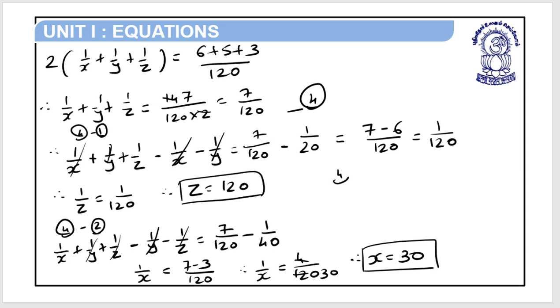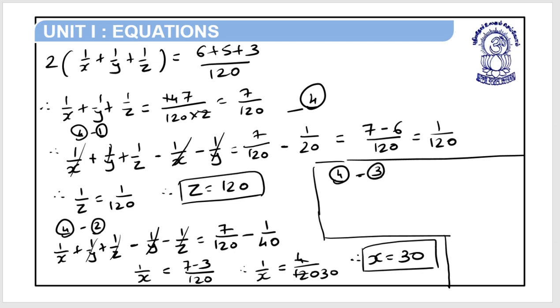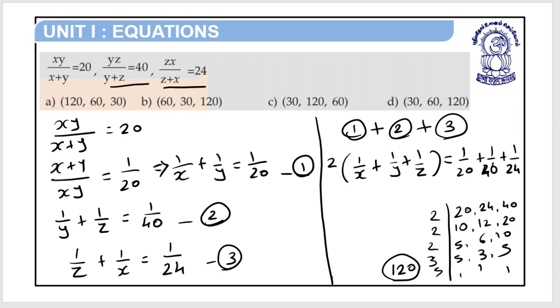Same way, equation 4 minus equation 3. So we will get the value of y. 1 upon z plus 1 upon x is equal to 1 upon 24.